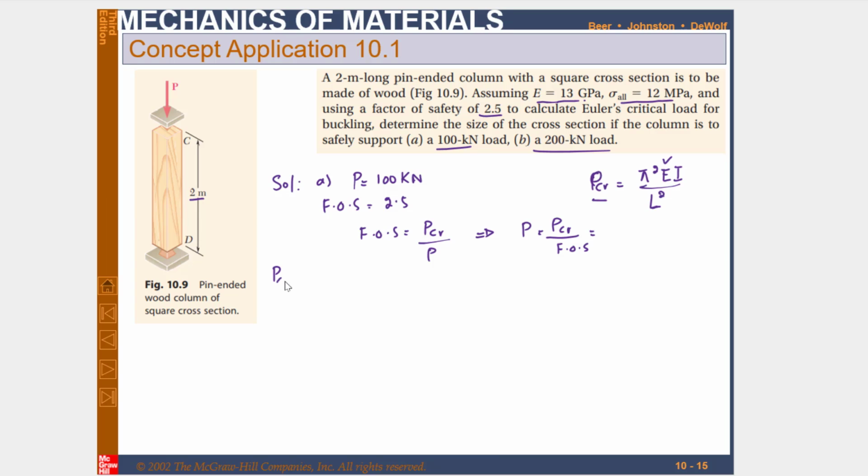P critical will be equal to factor of safety multiplied by this load P. So 2.5 multiplied by the given load, 100, will be equal to 250 kilonewton. Clear? So your applied load is 100, and due to the factor of safety of 2.5, your critical load is 250 kilonewton.